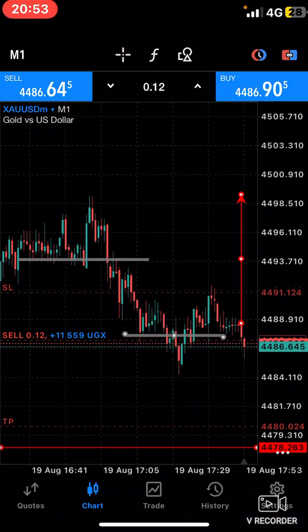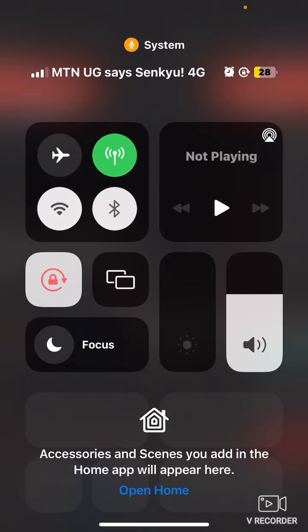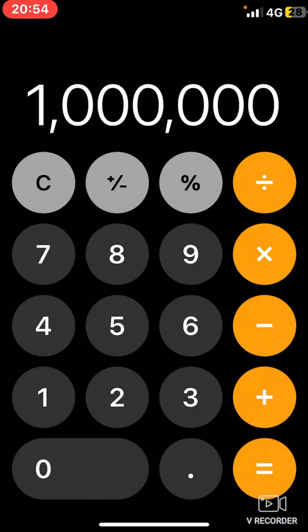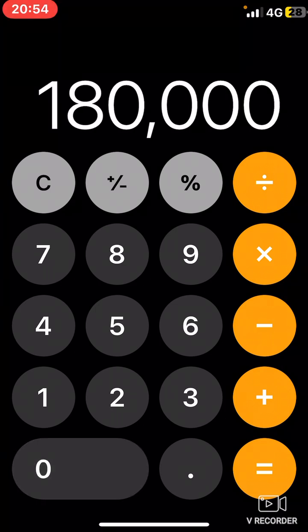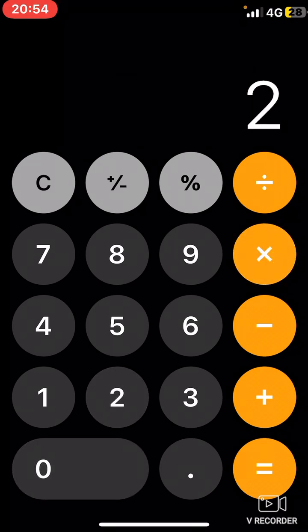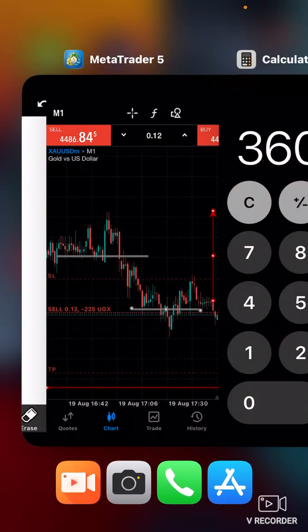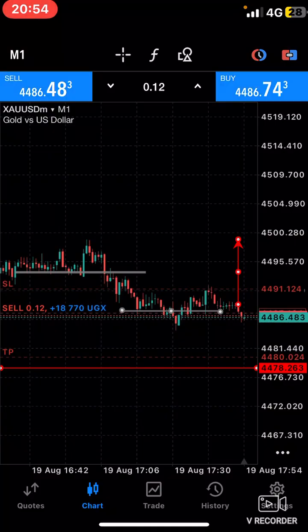Because if you go to 177 times 2, 180 anyways. So that's 360k of profit. So that being said, I'll give this trade some breathing space.